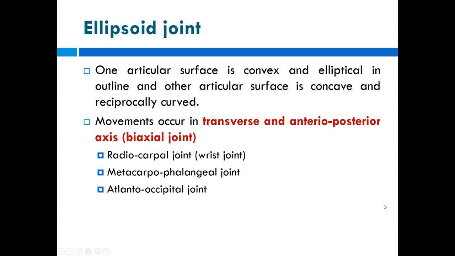Obviously these joints are biaxial joints. The examples are the radiocarpal joint, which is commonly present in the wrist joint, the metacarpophalangeal joint, and the atlanto-occipital joint.